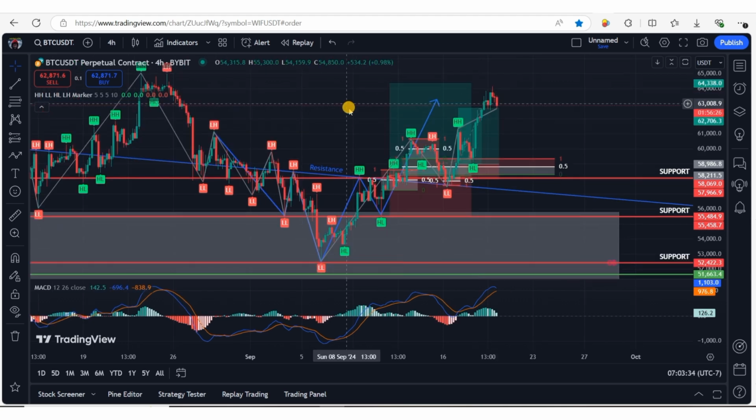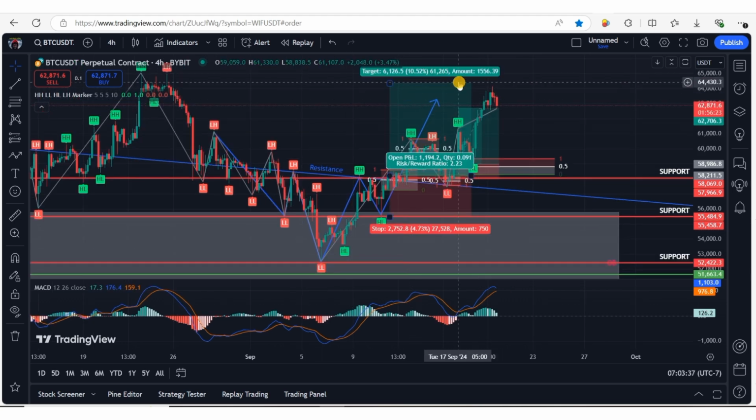Do you understand? But we have an original profit target that Bitcoin was supposed to hit, 64,000, which was exactly what happened.